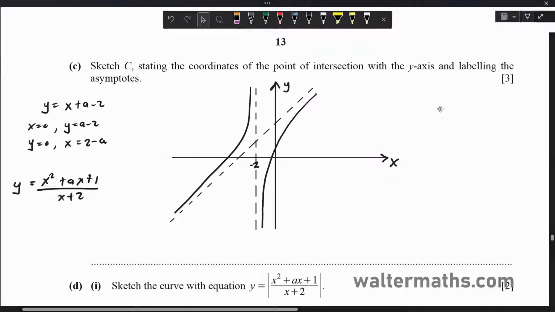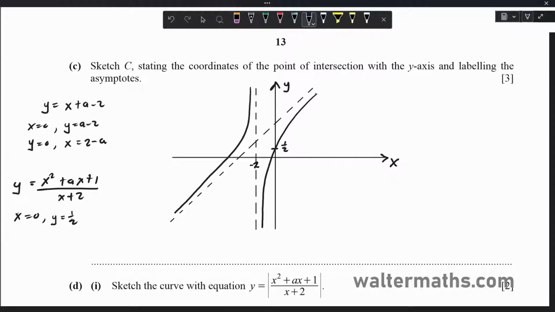For where it crosses the axis, let me just say when x is 0, y will be equal to a half. So it intercepts the y-axis at a half. Okay. So we know that it intercepts here. So I've properly drawn it, and I think that actually helps. Okay. So this is actually how the graph is going to be.